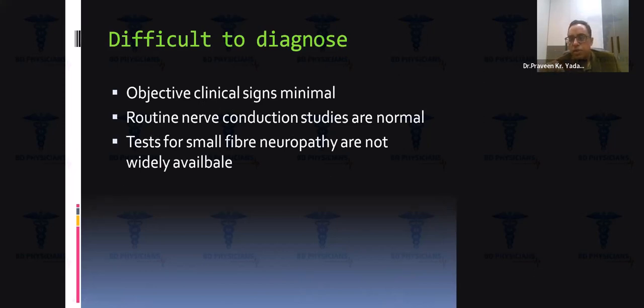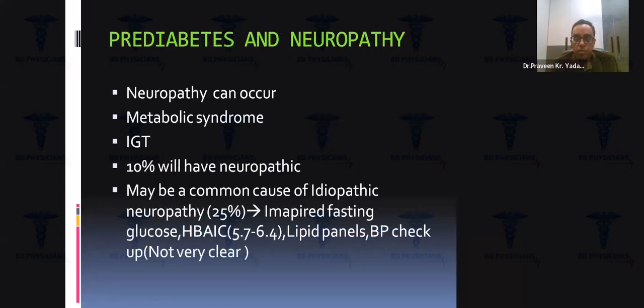We should know that nerve conduction studies are mainly designed to study the large fibers only. So the small fibers are not studied in the standard nerve conduction studies. And the tests for small fiber neuropathies are not widely available everywhere. Because of this, many cases of small fiber neuropathy are getting missed.